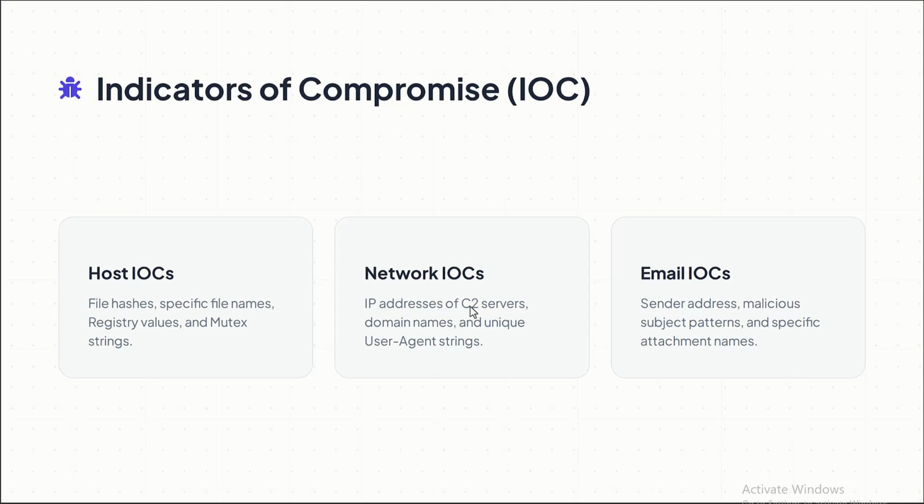Network IOCs are related to IP addresses of C2 servers, domain names, and unique user agent strings. In email IOCs, we have sender address, malicious subject patterns, and specific attachment names.